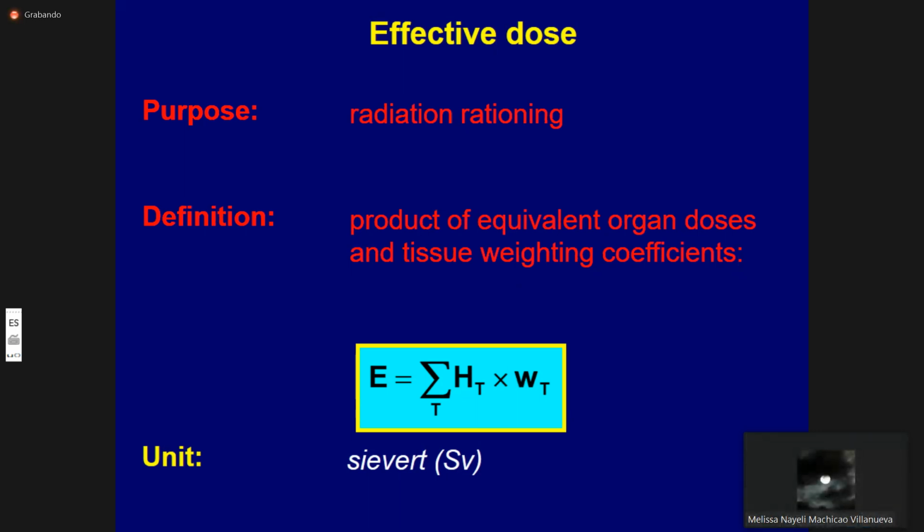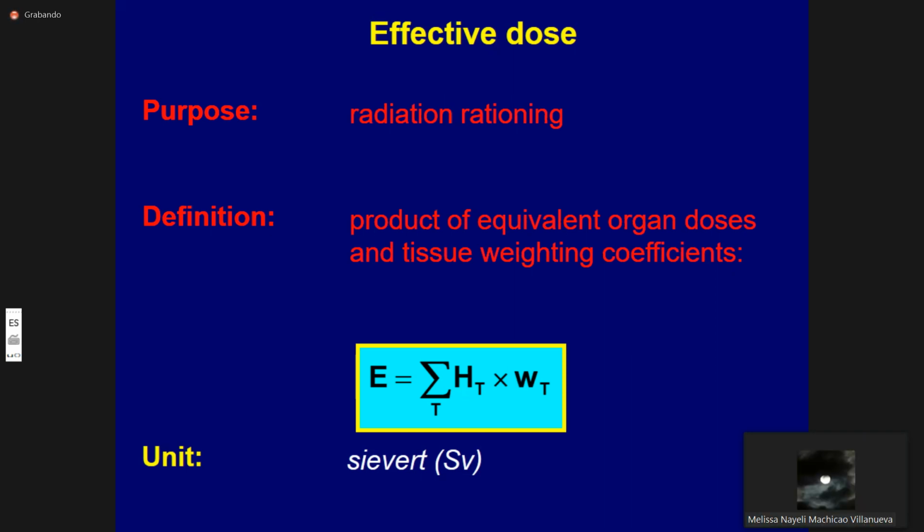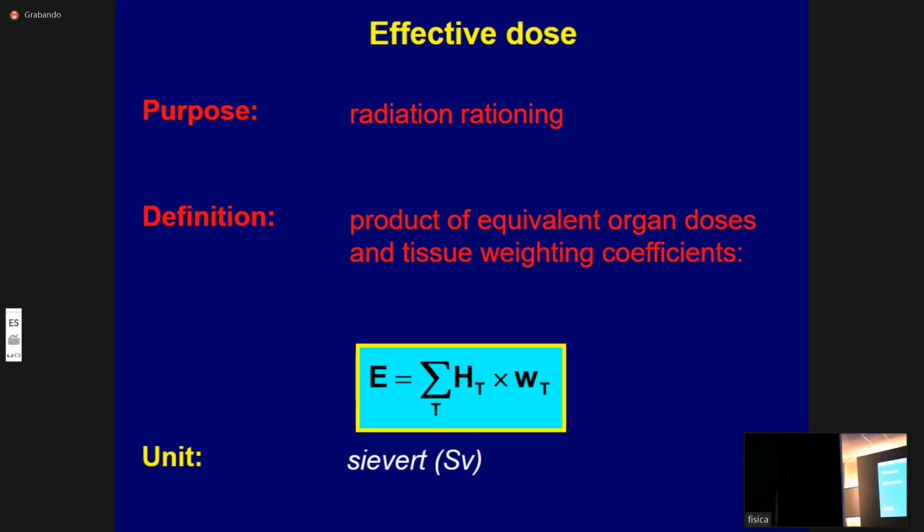And ultimately, it should be applicable to assess risk deriving from a wide range of exposure conditions. So the ICRP proposed to use the effective equivalent dose, or effective dose for short, as such a value.